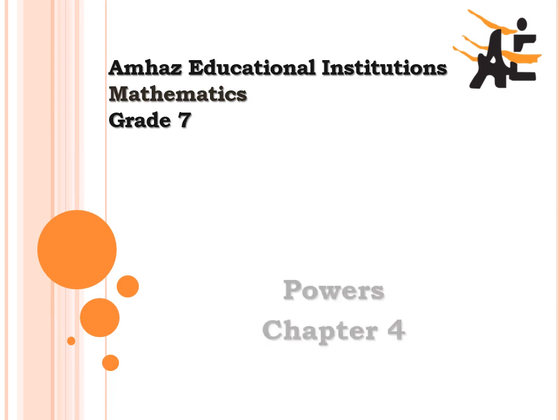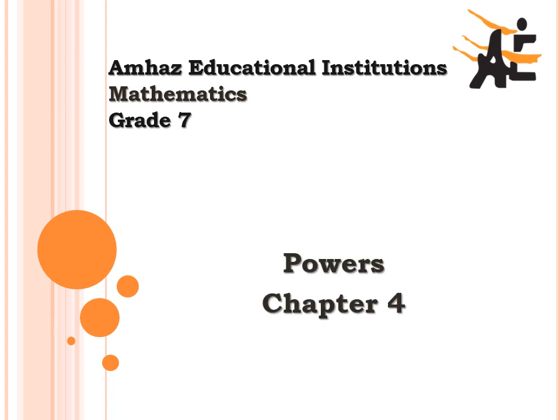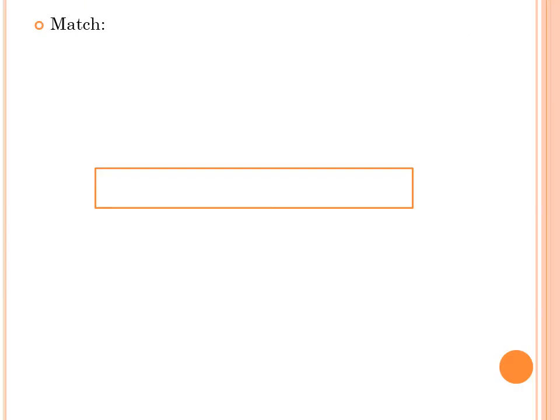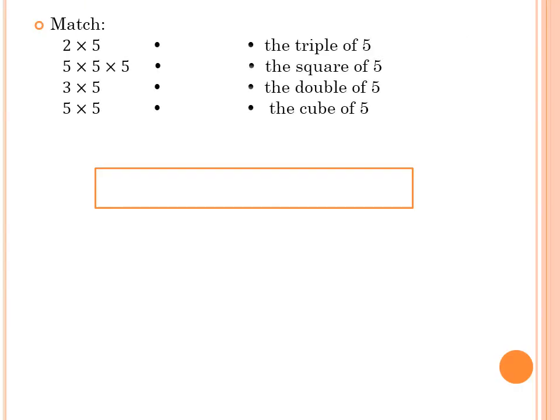Hello, grade 7 students. Today our chapter will be about power misconceptions. Let's start with the following. 2 times 5 is called the double of 5. 5 times 5 times 5 is a repeated multiplication 3 times, so it's the cube of 5.